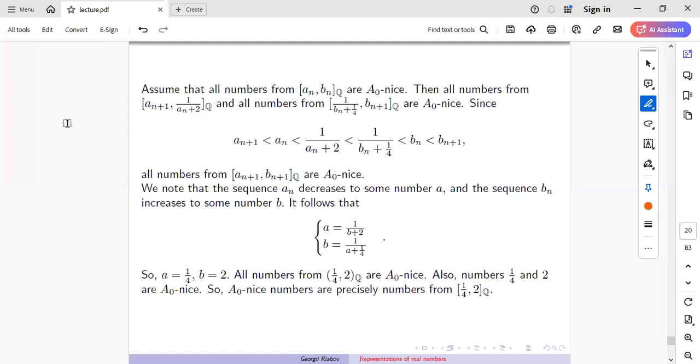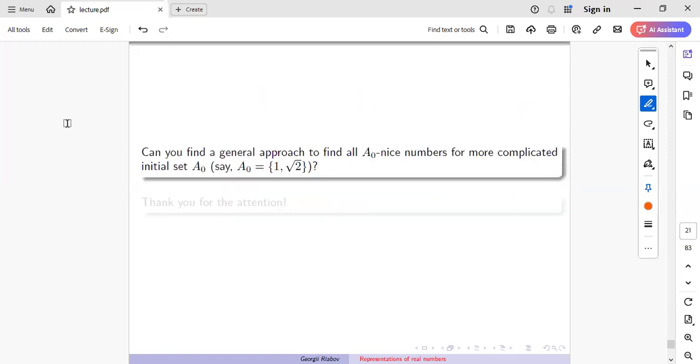This problem can be extended. For example, the set A0 may be more complicated. Let's say it can contain 1 and the irrational number root of 2. So this is an interesting research problem, how to find all nice numbers for more complicated initial sets.